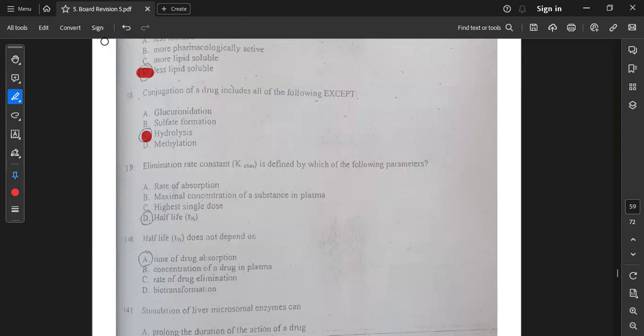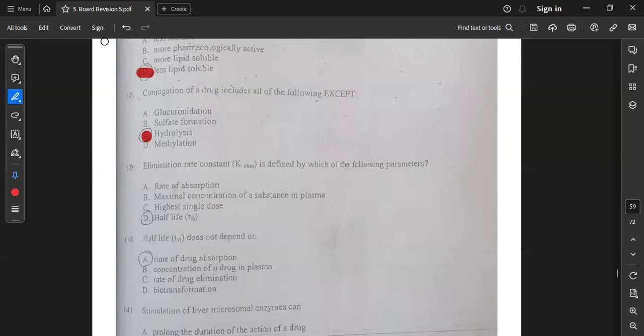Dr. Nugal is asking for the notes. We could repeat. We start from glucuronidation. The enzyme is glucuronosyl transferase, and the donor is UDP glucuronic acid.